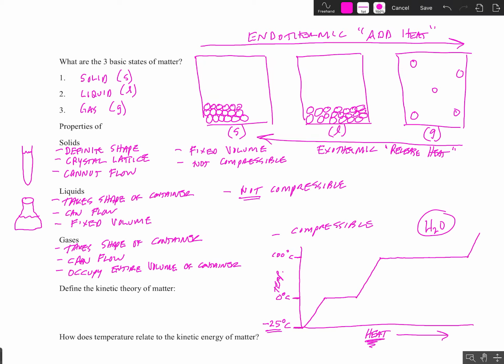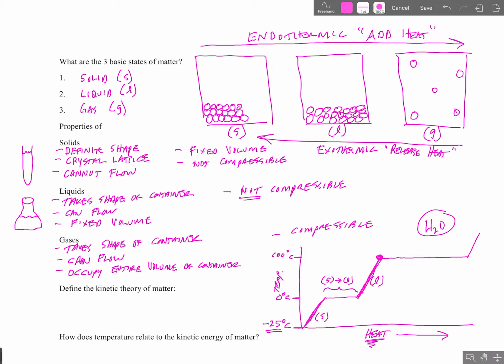So, if you take a look here on my graph, from this point to this point, do you remember that the water was in the solid phase? And here on my graph, from here to here, do you remember what was happening at 0 degrees Celsius? The temperature wasn't changing, was it? Why not? Because it was going through a phase change. So we were going from the solid to the liquid phase. And then on this portion of my graph, didn't we have just the liquid phase?